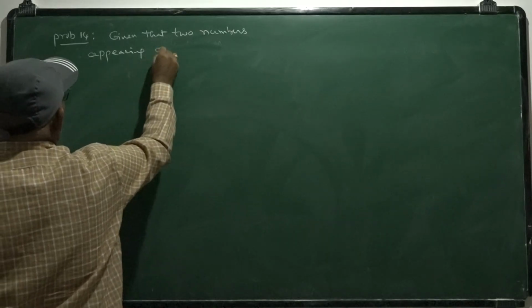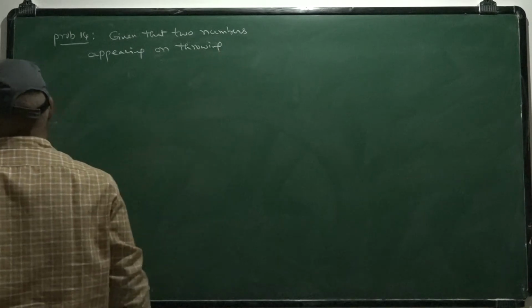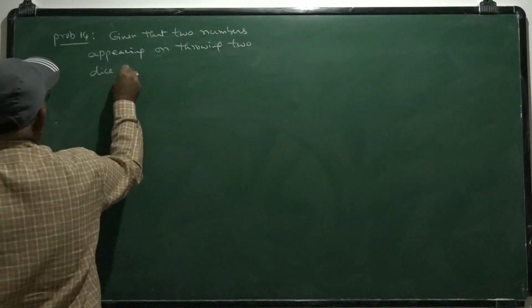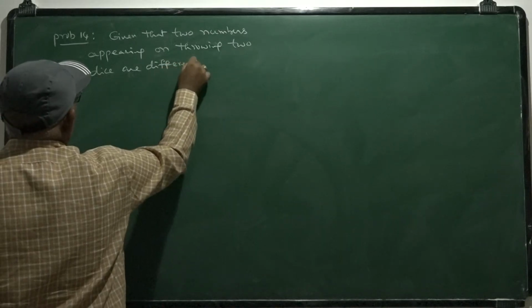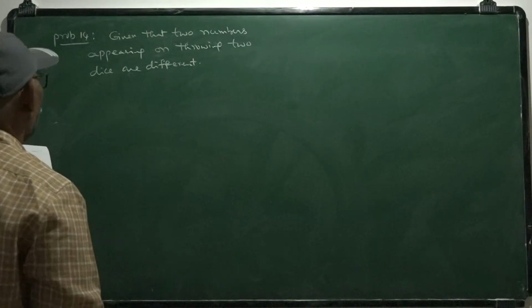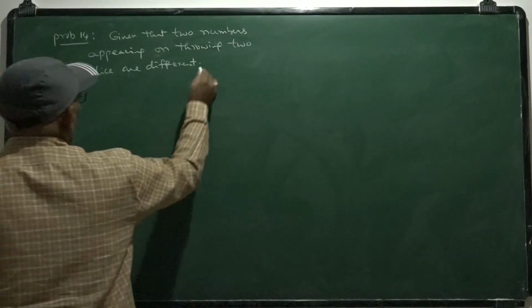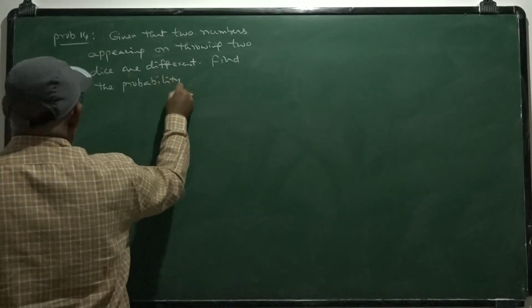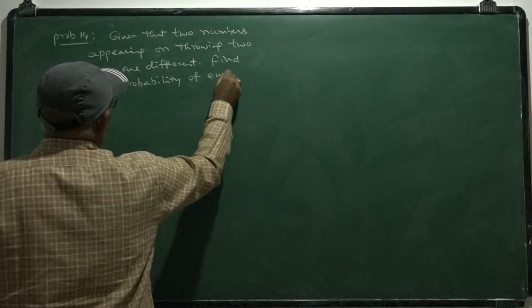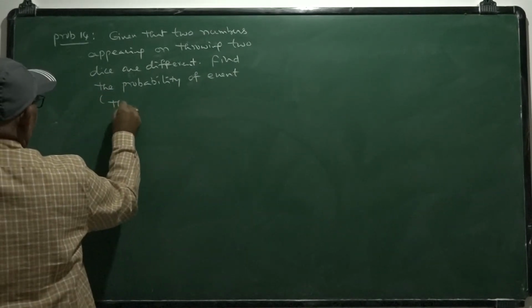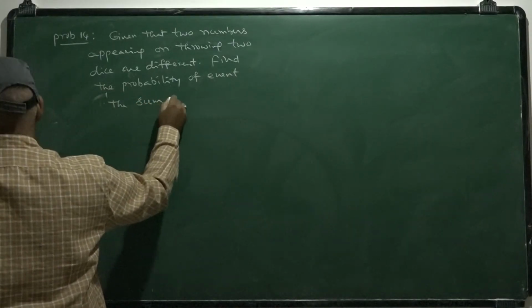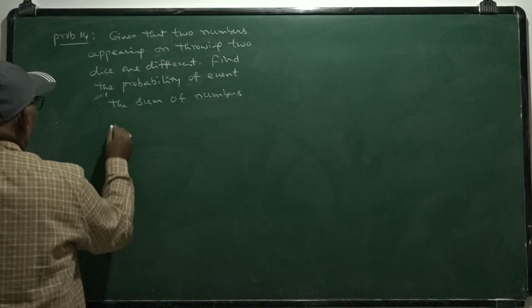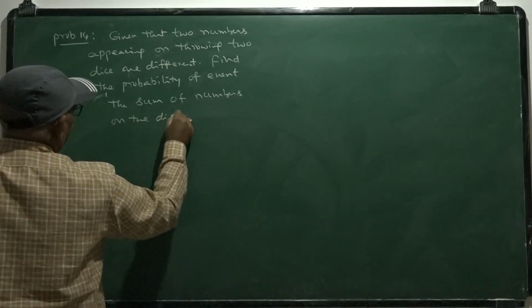Given that two numbers appearing on throwing two dice are different, find the probability of the event that the sum of numbers on the dice is 4.